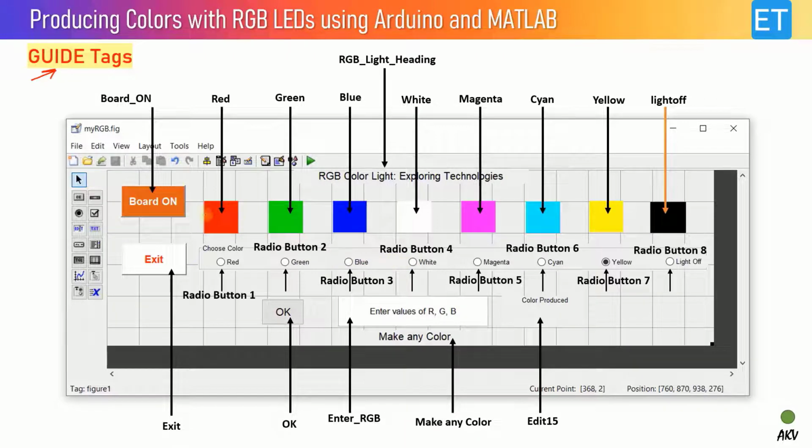And for these text fields, static text, MATLAB gives names like edit 1, edit 2, edit 3, edit 4, and so on. So just to make it easier to locate their corresponding callbacks in the MATLAB program, I have just changed the names in the program. So here I have given all these names, which you can see in my MATLAB program, which I will show you later. So there will be no confusion.